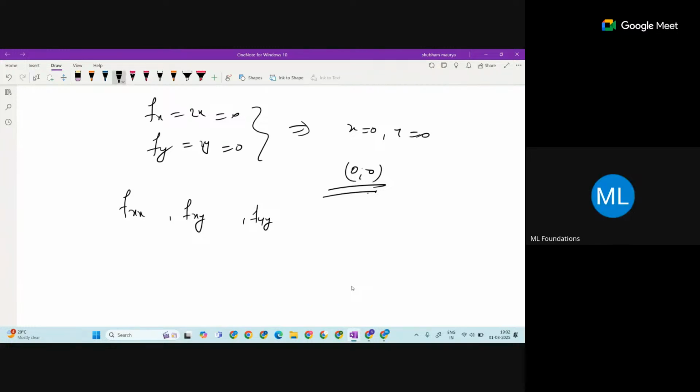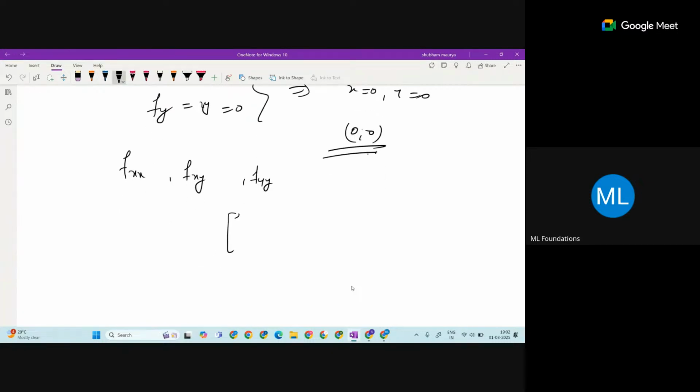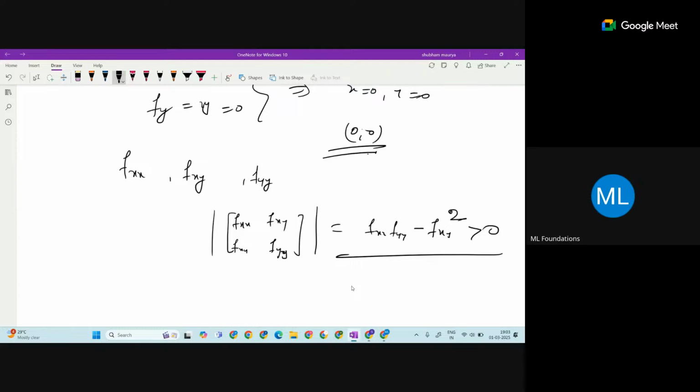No, still there is one condition we have to check, right? What is that? The Hessian. F of xx, f of yy minus f of xy square. This should be greater than 0, meaning your determinant should be greater than 0.